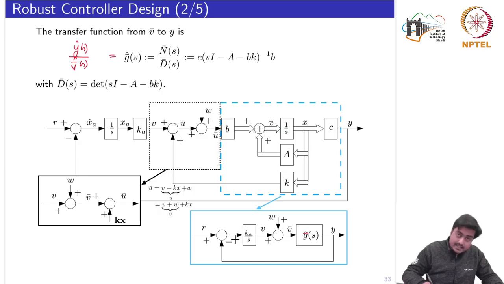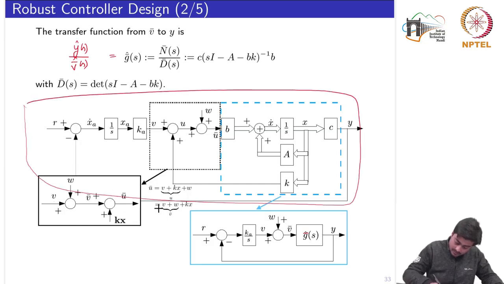The rest of the part remains as it is. We combine this K by s, whose output is v now, and the inclusion of this w and this output. So this overall block diagram can be simplified to this one, where G bar hat already includes the state feedback K, the feedback from the x.